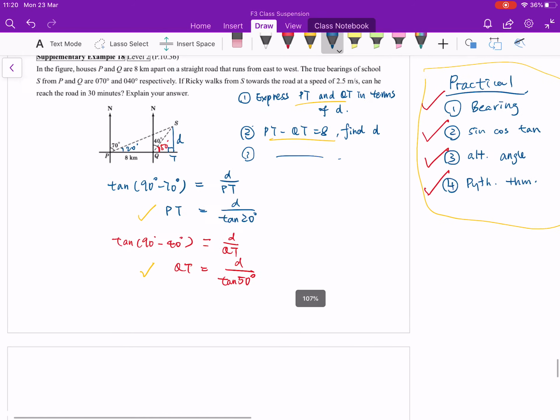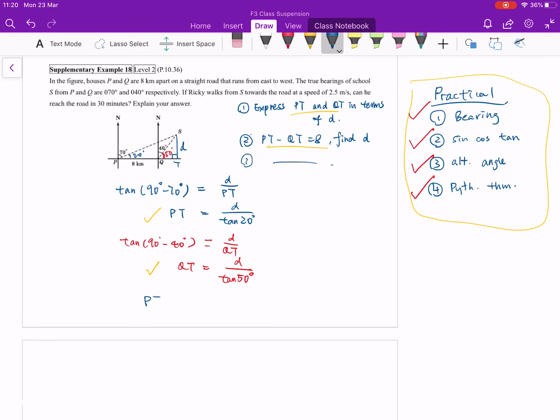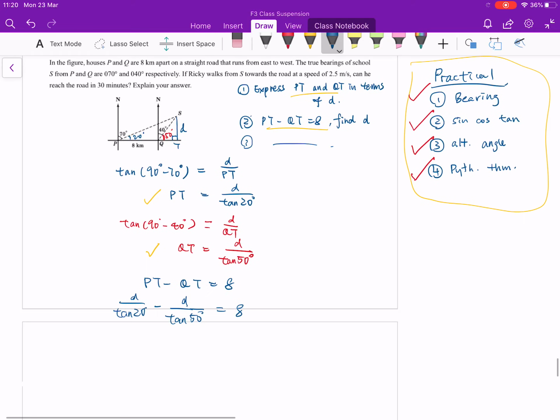Use blue. So you know that PT minus QT equals 8 km, and then substitute PT and QT by the expressions we have. And now you can factorize the D out. So D equals to this one.